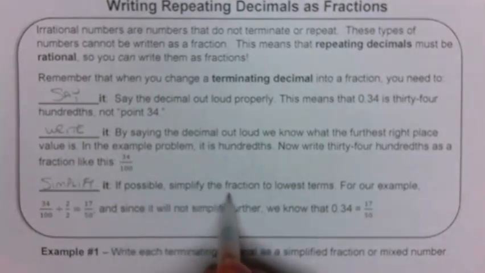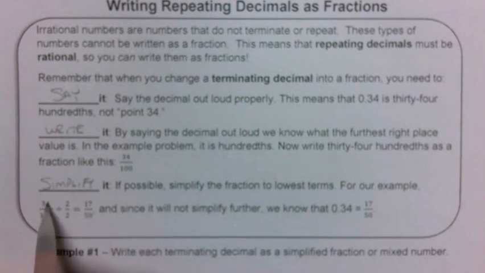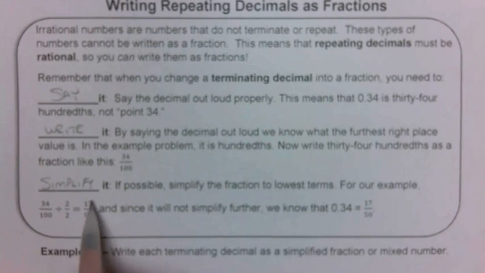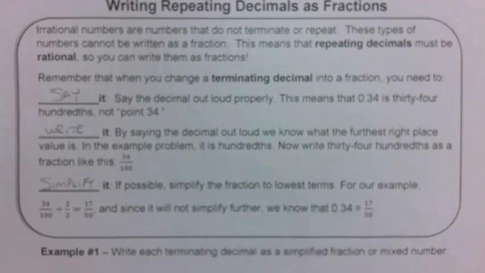Okay, if possible, simplify the fraction into lowest terms. In our example, 34 and 100 are both divisible by 2, which creates the simplified fraction of 17/50ths. And since it will not simplify further, we know that 34 hundredths is equal to the fraction of 17/50ths.